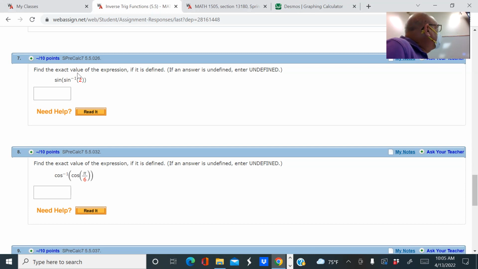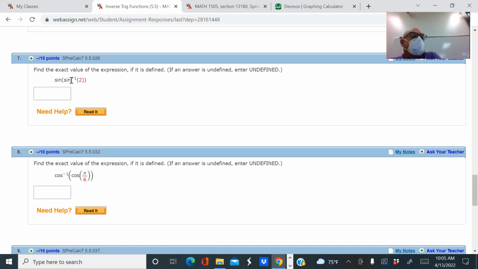So that's sine of sine inverse of 2. Okay, so normally, inverse functions like sine and sine inverse here will simply cancel each other. And so in many instances, when you're composing inverse functions, you would just get as the answer here 2, because the sine and the sine inverse would cancel each other.